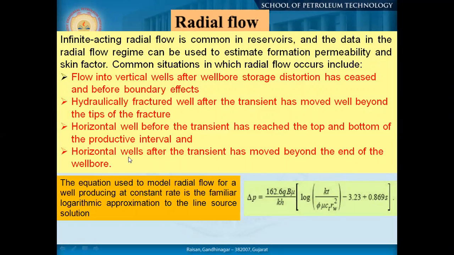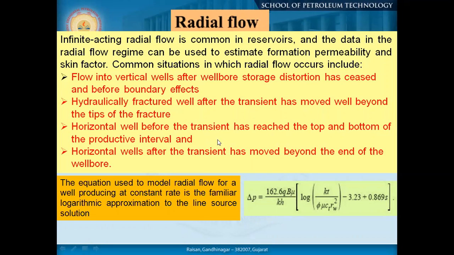Horizontal well: before the transient has reached the top and bottom of the productive interval. In a horizontal well you may also have skin effect and wellbore effect, but after that the transient has reached the compressible zone. What is transient? Transient is considered to be the compressible zone. Transient means it has not yet reached any steady, semi-steady or pseudo-steady state, meaning it has still not reached the boundary.